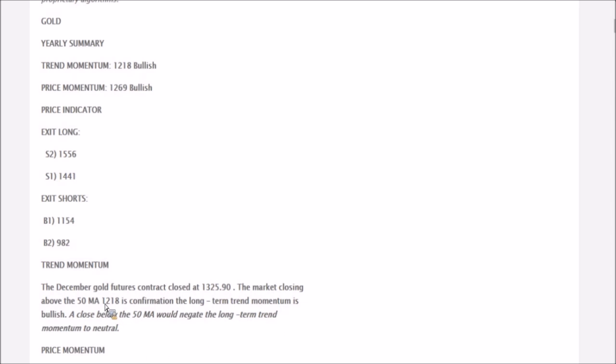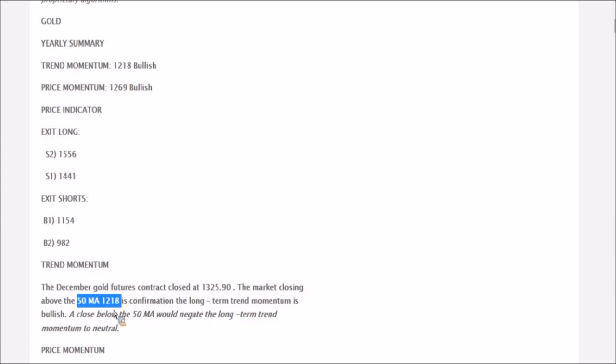And what we're looking at, 1218, is basically the 50-day moving average that we use for long-term analysis. And as long as the market in gold, basis the futures contract in December, closes and stays above 1218, the trend momentum is bullish.